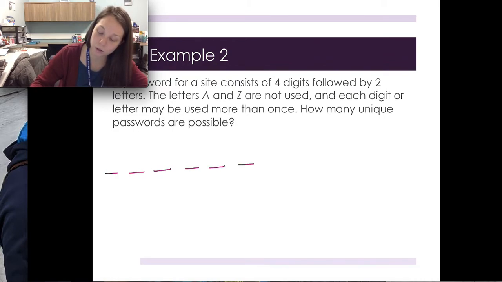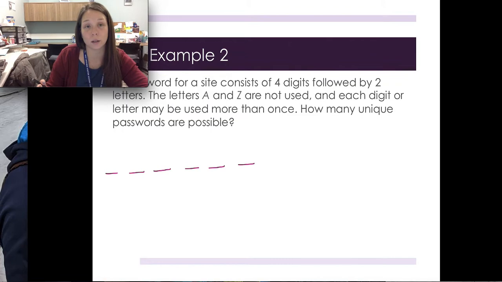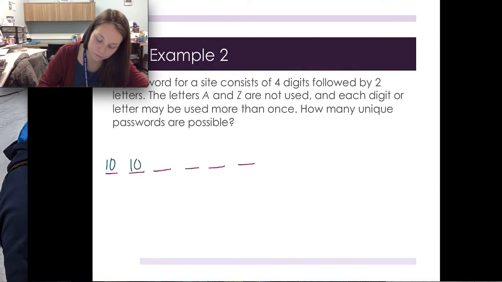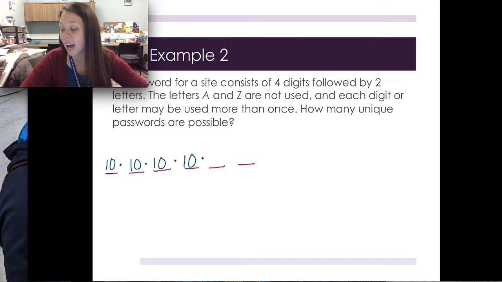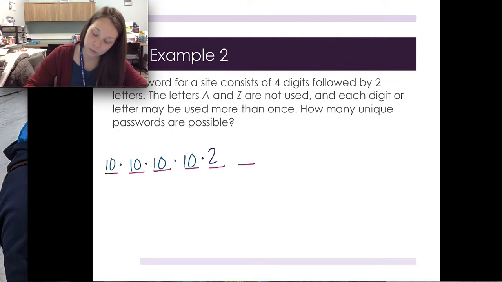And then I'm going to write out 2 spaces for our letters that we can use at the end of this password. So we have 10 options for every digit. Then the number of letters in the alphabet, but taking out A and Z would leave us with 24.